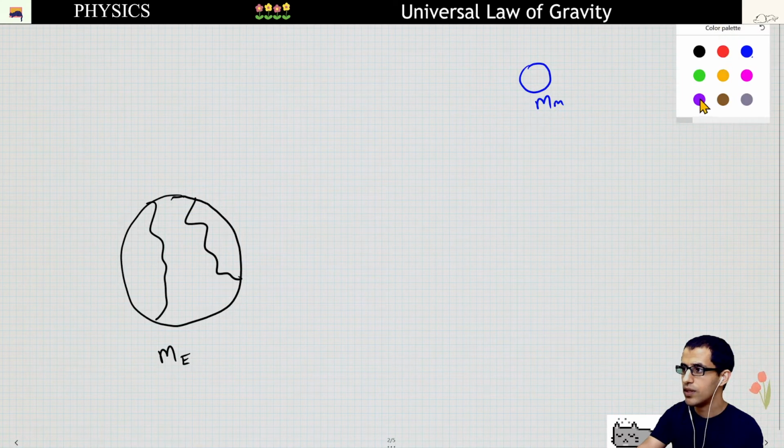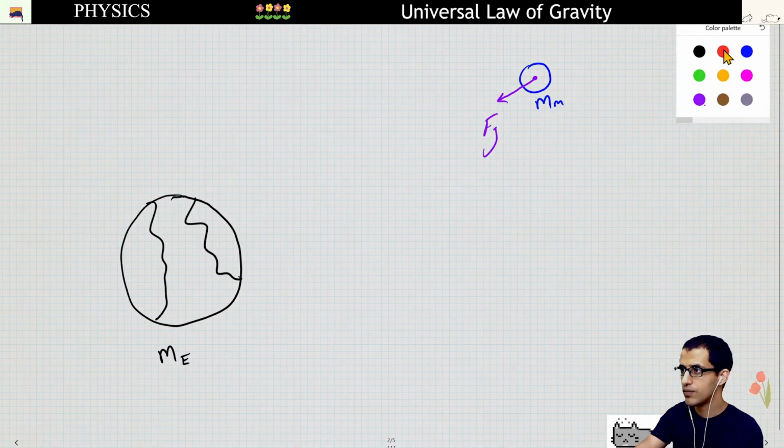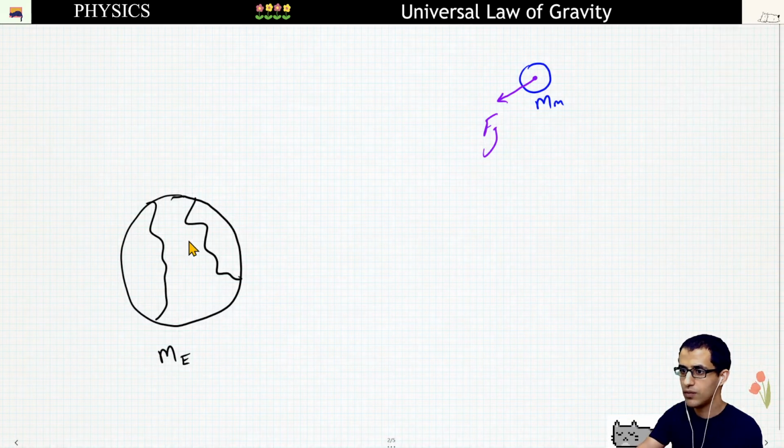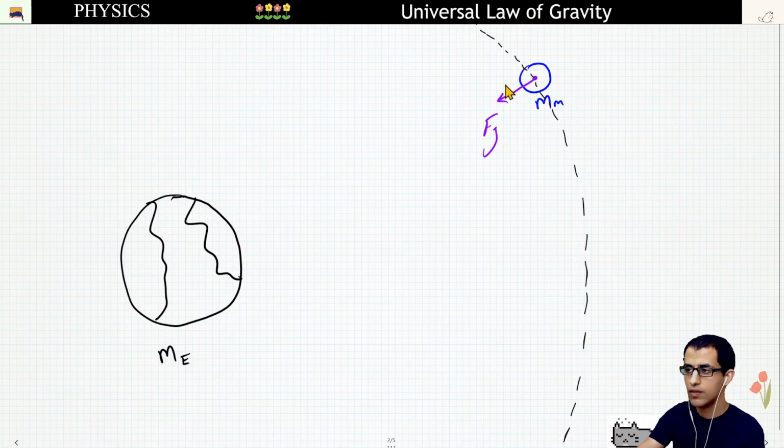So the moon here is going to experience a force of gravity towards the Earth because it is in the presence of the Earth, which has a gravitational field around it. And there's a certain value associated with the gravitational field at this location around the Earth. So what is the value for the gravitational field here at the moon? It's really far away.